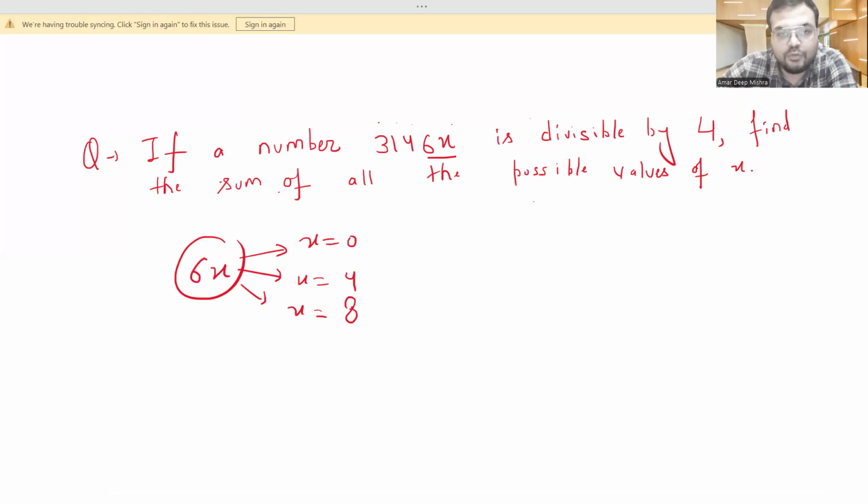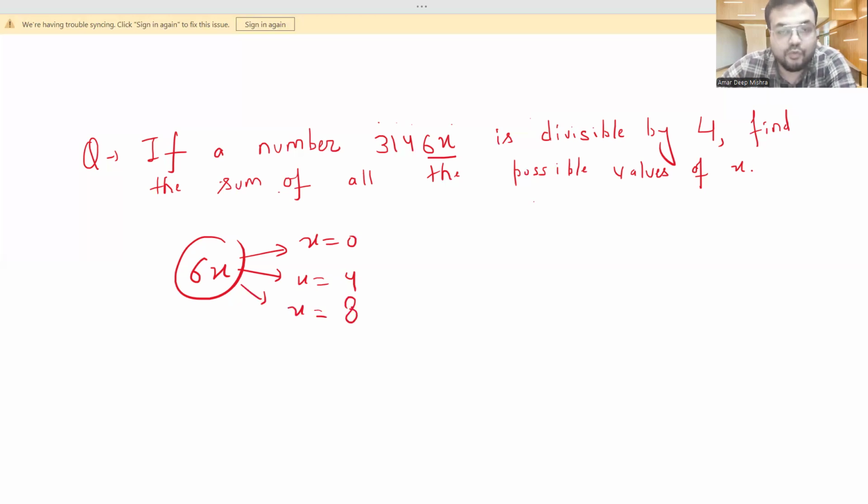Now, if x equals 0, then this number will become 31460. If x equals 4, it will be 31464. And if x equals 8, it will be 31468. Okay. Now, they are not asking the values of x.